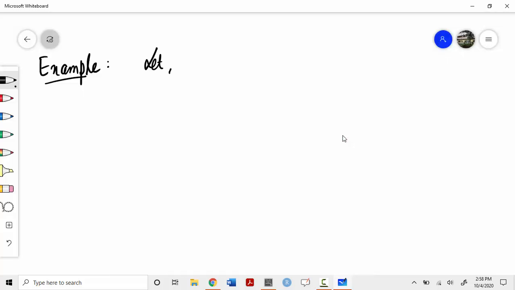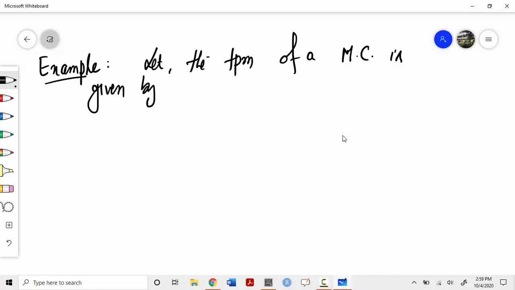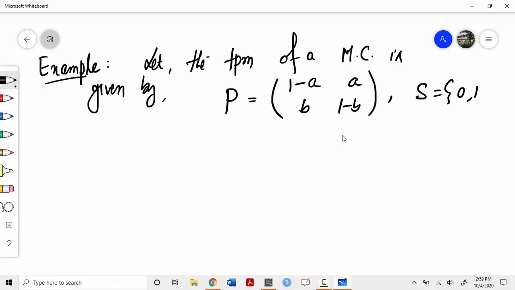Now let the transition probability matrix of a Markov chain be given by P equal to [1 minus a, a; b, 1 minus b] with S equal to {0, 1}.